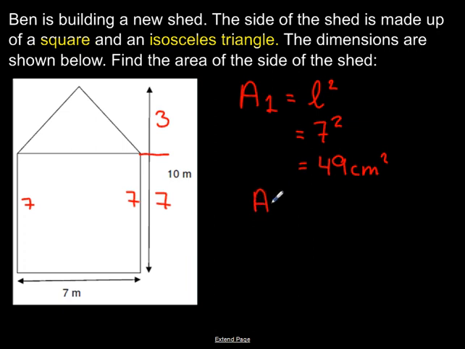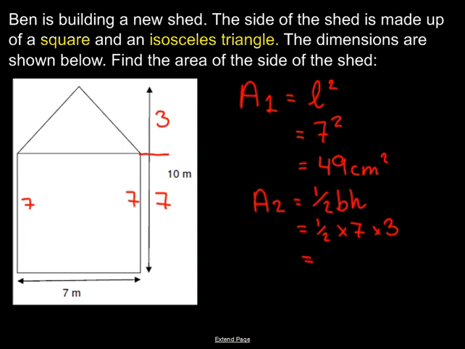Area 2 is a triangle, so it's a half base times height again. So it's a half. The base of the triangle is this part here. I'm moving the pen over, so that's a half times 7. The height of the triangle is times 3.